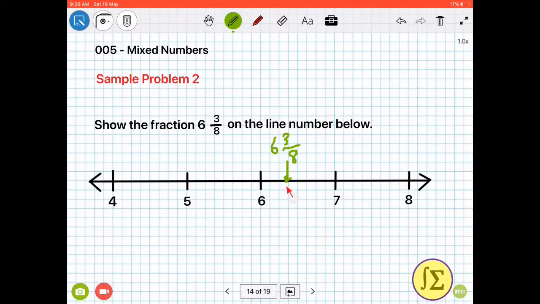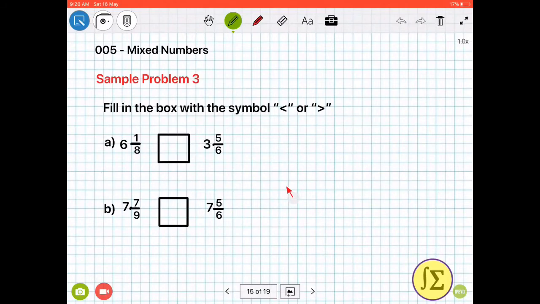Okay, let's look at one more sample problem. Number 3. We have to fill in the box with a symbol, less than or more than. Let's look at A. We are comparing 6 1 over 8 and 3 5 over 6. So it's a mixed number. But you can see that if we just look at the fraction, 1 over 8 is smaller than 5 over 6. But for mixed numbers, we have to look at the whole number, right? Not just the fraction. And we know that 6 1 over 8 is larger than 6 and smaller than 7.